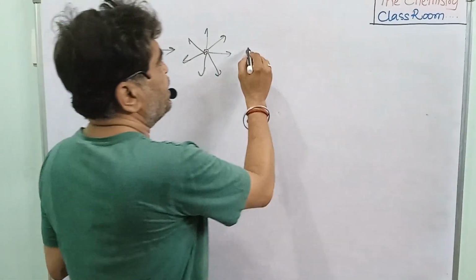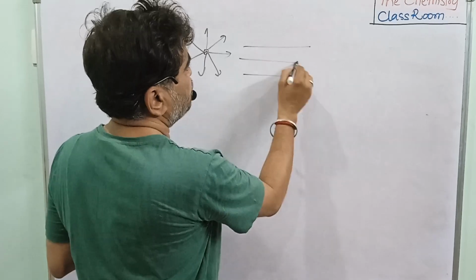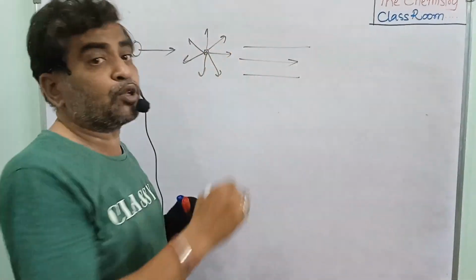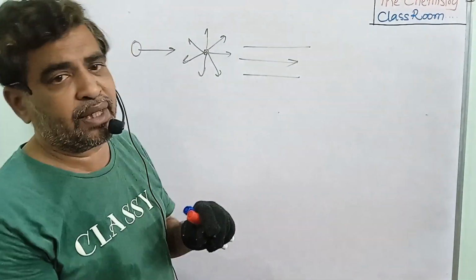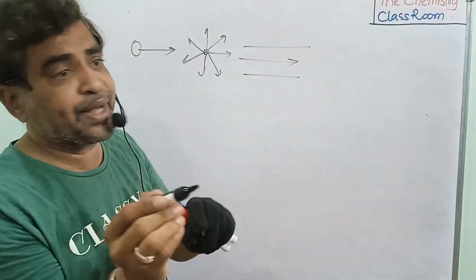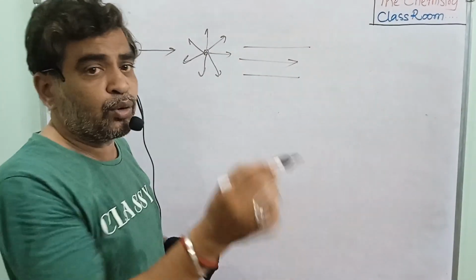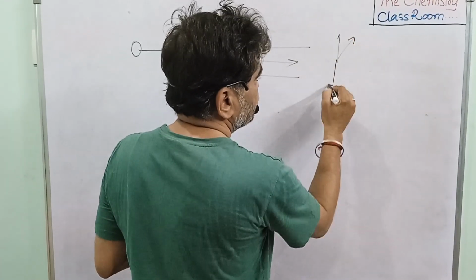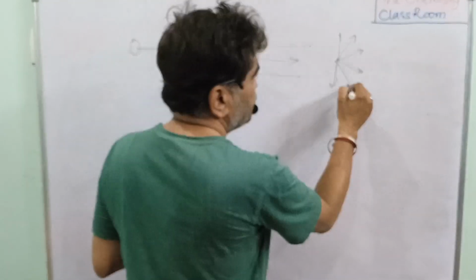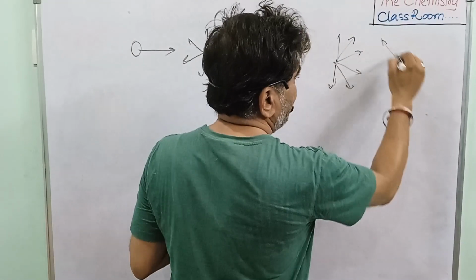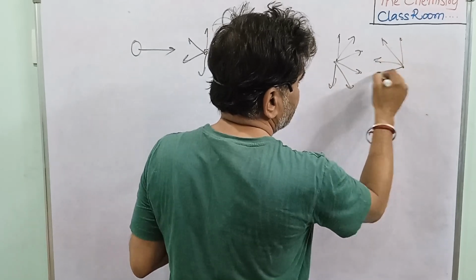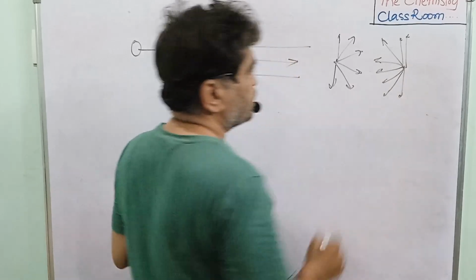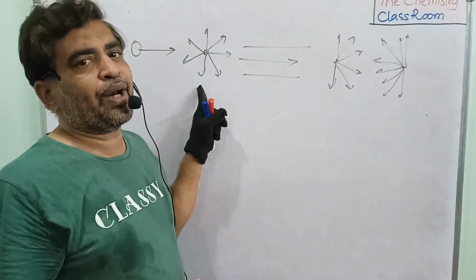So when this light travels from some source or through this compound, the light is rotated in one direction, either clockwise or anti-clockwise. The total rays are rotated clockwise like this, or the total rays are rotated anti-clockwise. So it is called plane polarized light.